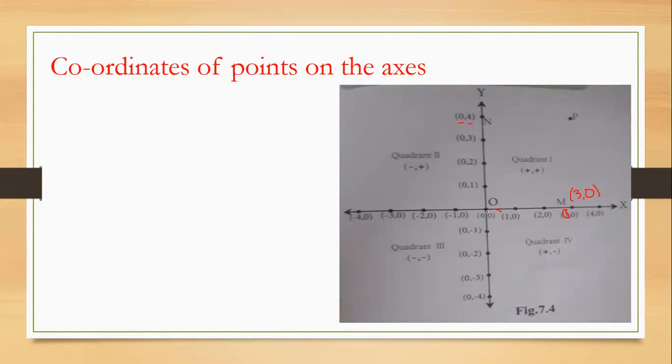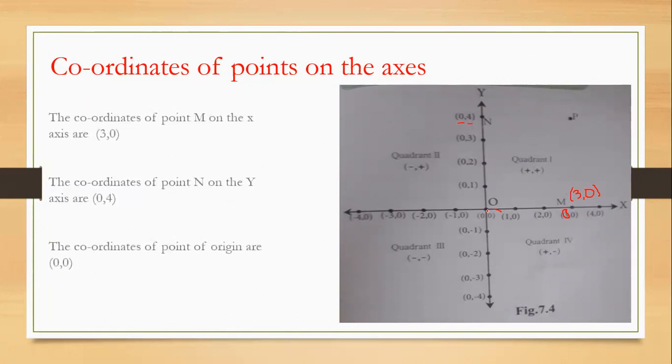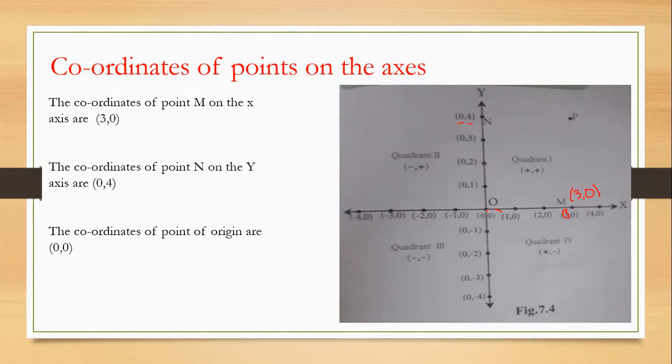Now, we will move to the origin. What about origin? Origin is a point where x and y axis intersect each other, right? So the coordinates of this point is 0, 0. The coordinates of point M on the x-axis are 3, 0.